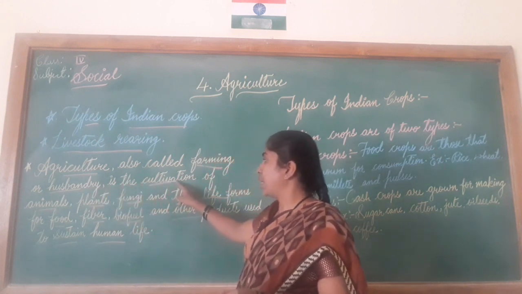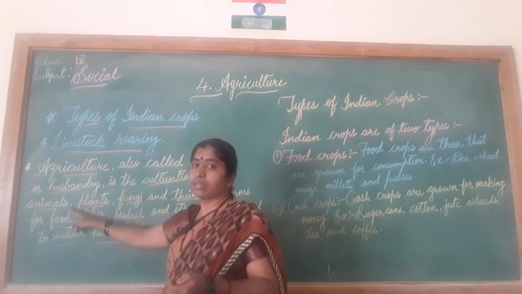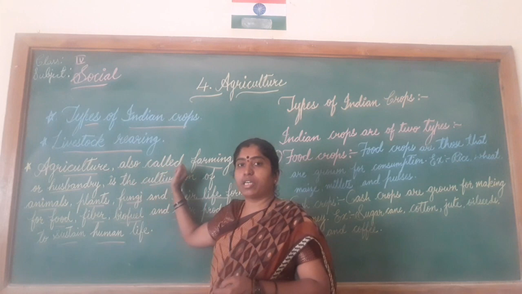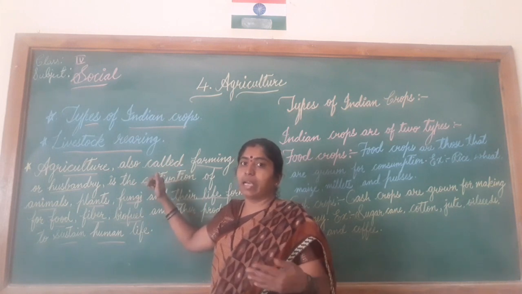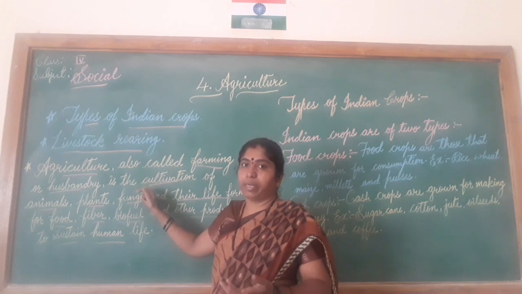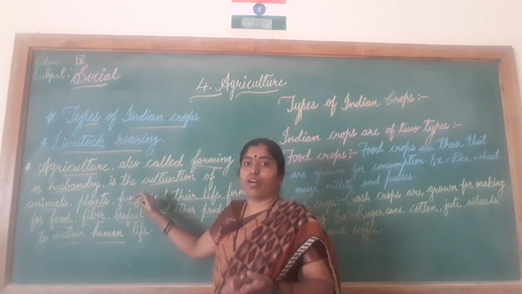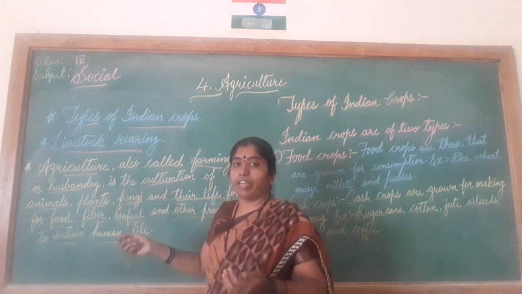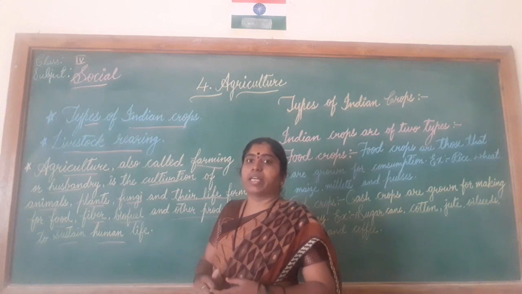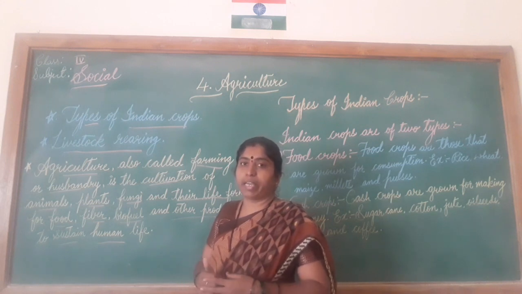This is the cultivation of animals. What do you mean by cultivation of animals, children? Cultivation of animals means animals are raised for their meat or fiber or any type of milk products. So here we take care of the animals. In some cases we take care of selective breeding, we can also say.